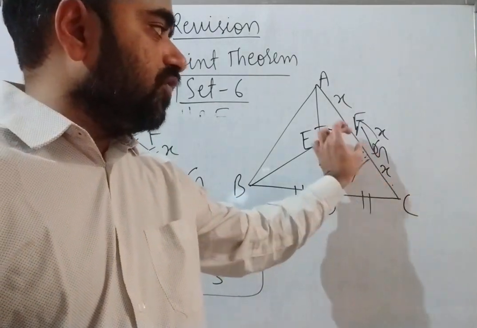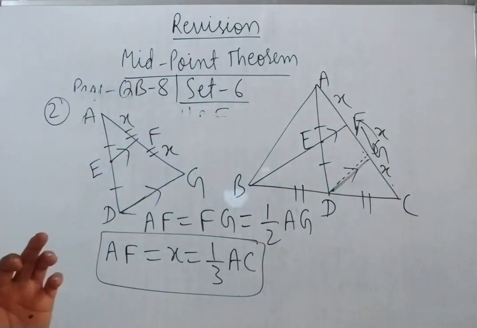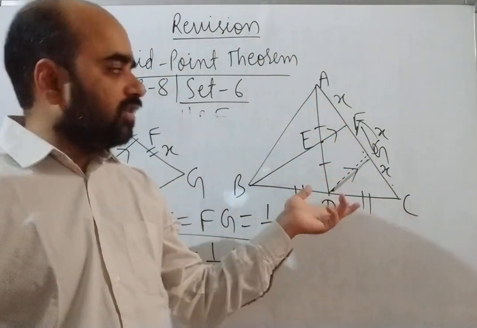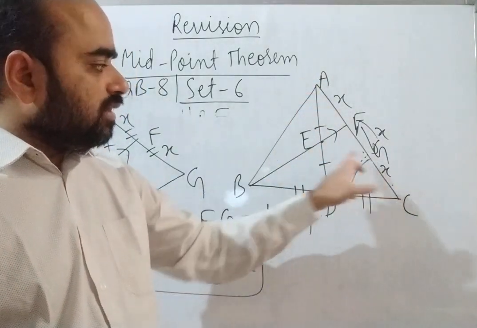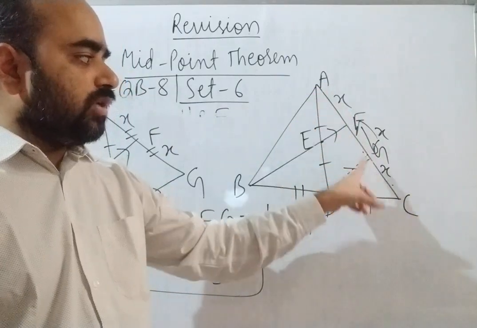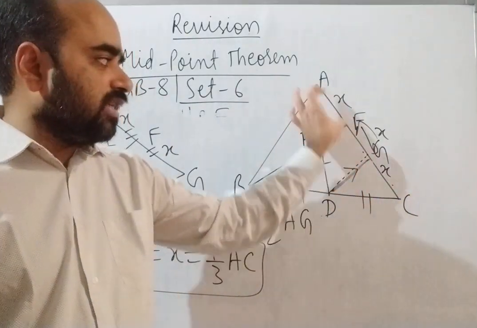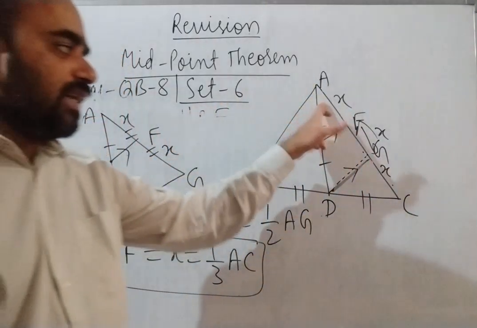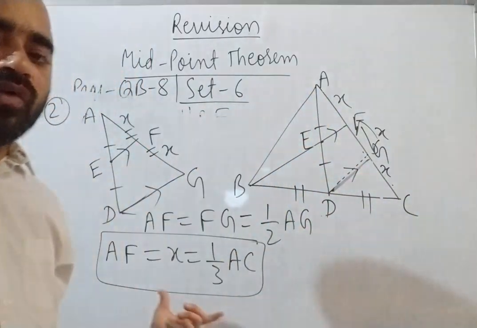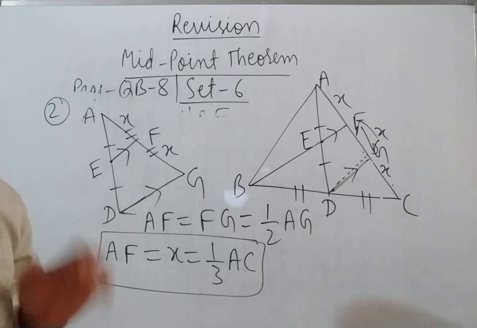We have taken these two parts as x, by converse of midpoint theorem in triangle BFC. Again using converse of midpoint theorem in triangle ADG, E is midpoint, EF is parallel to DG. It means F will be the midpoint of AG. It means this part is x, therefore this part will be also x. X, x, x. AC is 3x. It means AF will be 1/3 of AC. Correct? Next.